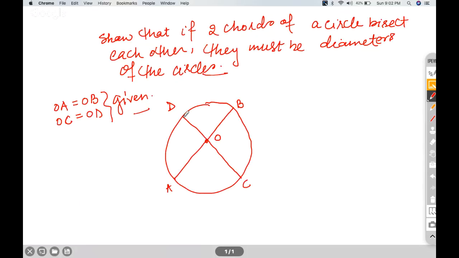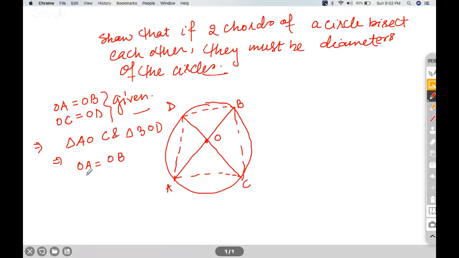Now to prove this, I'll join all these points. So what I do over here is I take triangle AOC and triangle opposite, triangle BOD, and what I get over here is that OA is equal to OB and OC is equal to OD, and angle AOC is equal to angle BOD.